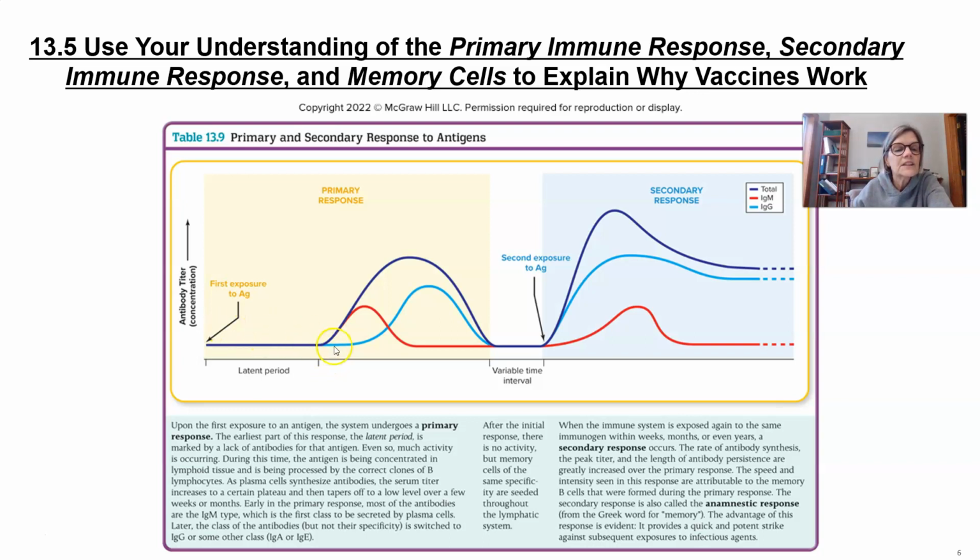So you have this little latent period, and then your body starts to make antibodies, and your concentration of antibodies starts to go up, and it gets to a peak, and eventually that concentration will go down.